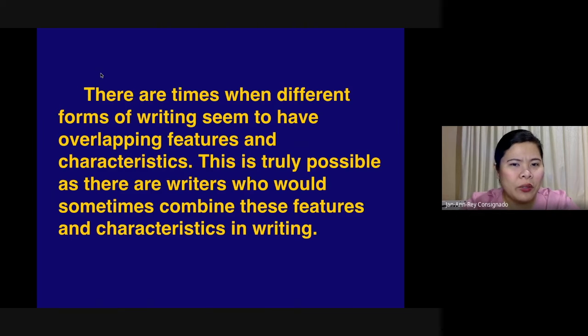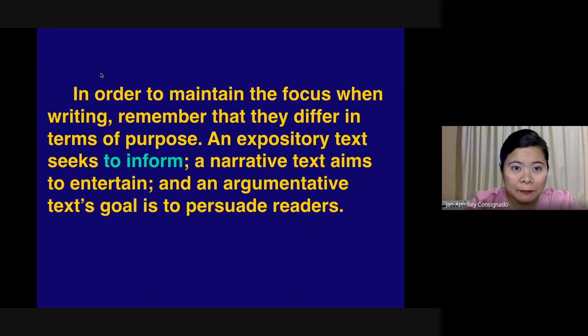There are times when different forms of writing seem to have overlapping features and characteristics. This is truly possible, as there are writers who would sometimes combine these features and characteristics in writing. So, in order to maintain the focus when writing, remember that they differ in terms of purpose.